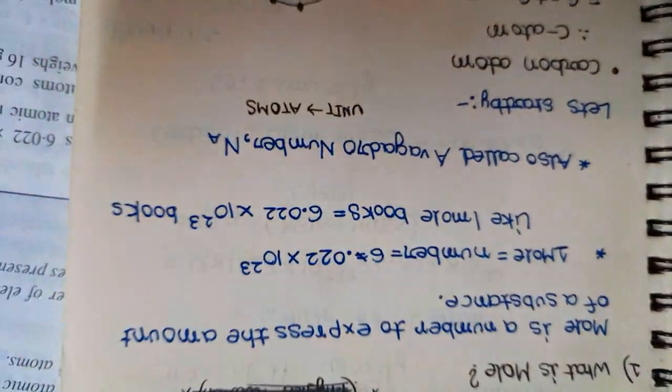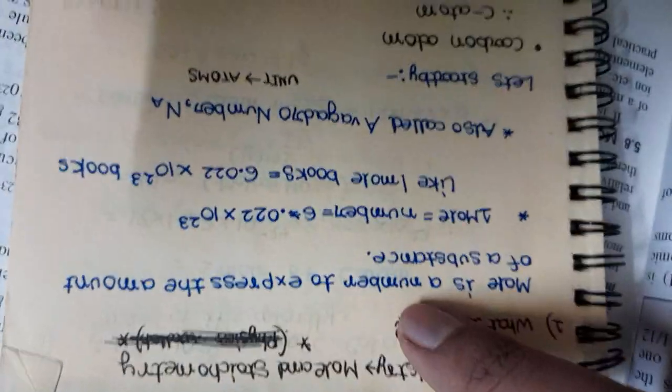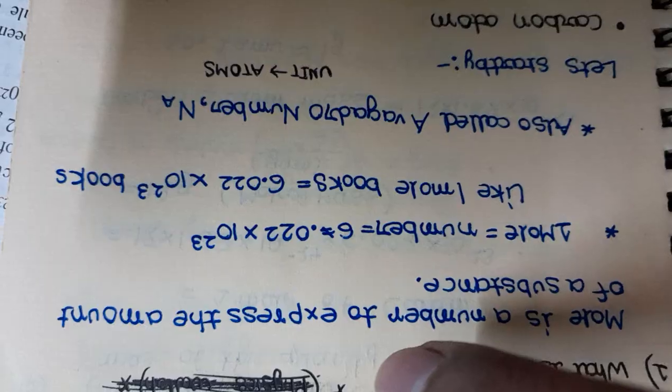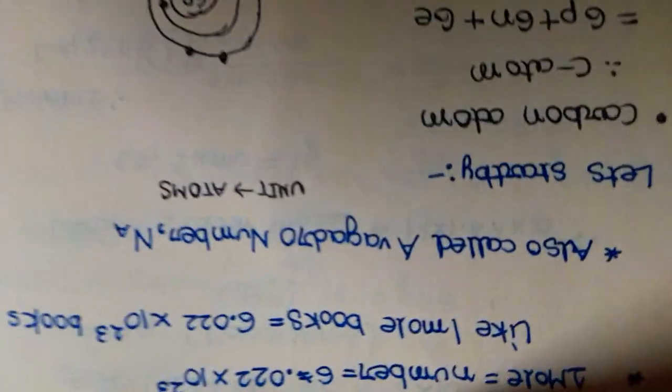So mole is a number to express the amount of a substance. One mole is 6.022 into 10 to the power 23.